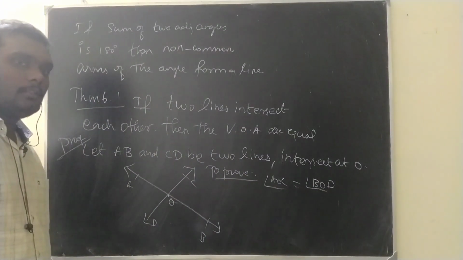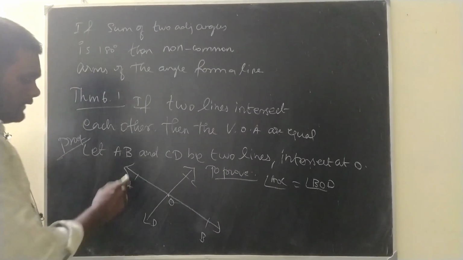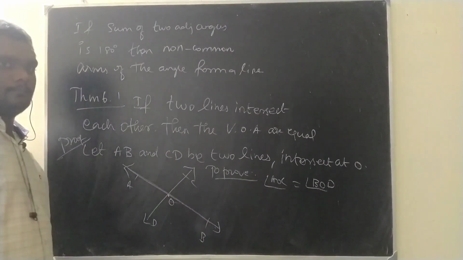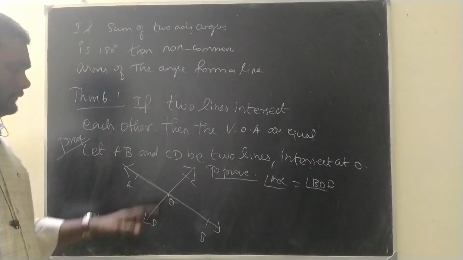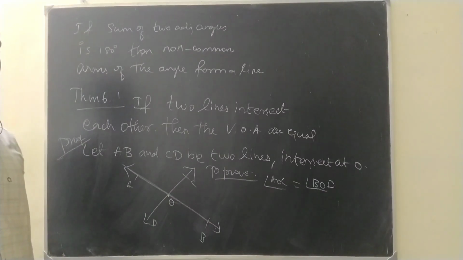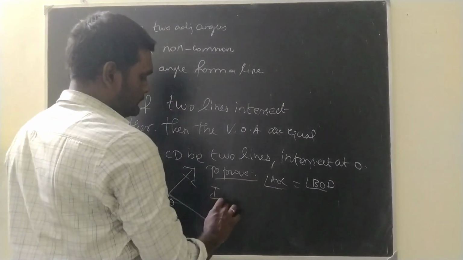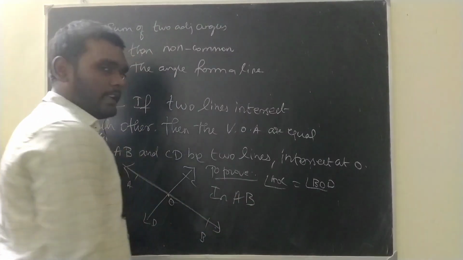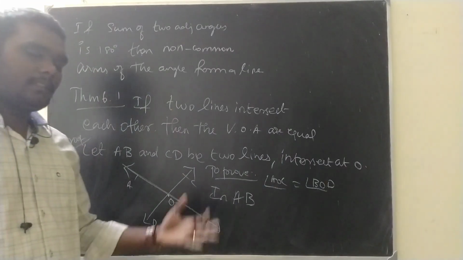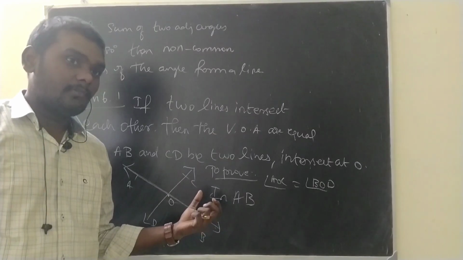How do we prove it? Using the results that we know already. Take this line, and we can use the linear pair concept. In a straight line AB, as per this axiom, 6.1 or 6.2? 6.1.